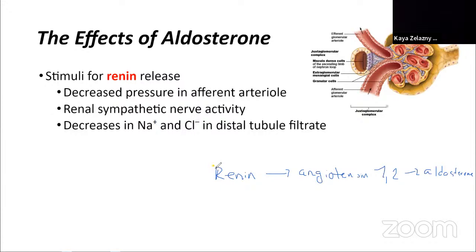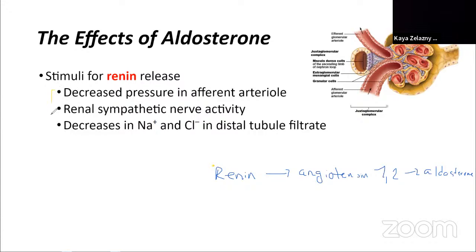Renal sympathetic nerve activity goes back to our baroreceptor reflex from the cardiovascular system. That's another response to low blood pressure, so that's another signal. And decreases in the sodium and chloride in the distal tubule filtrate is another signal of low blood pressure.